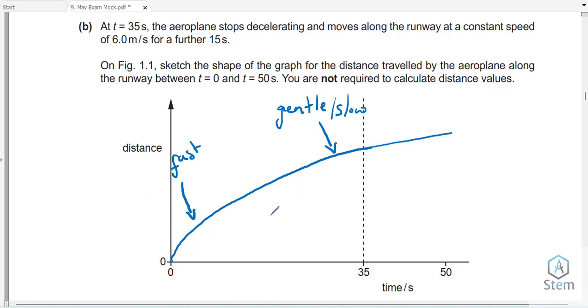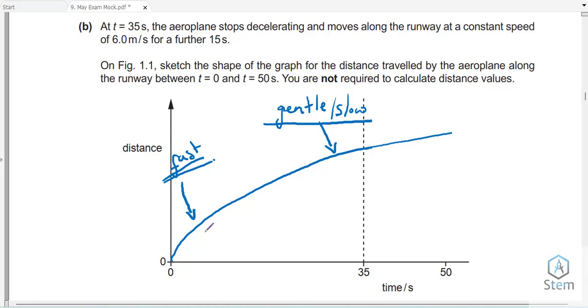All right, so this is the kind of graph one would be expected to provide. At the beginning of the deceleration, before the aeroplane decelerates a lot, it will be moving fast. Then after some time of decelerating, the plane is now moving slow.